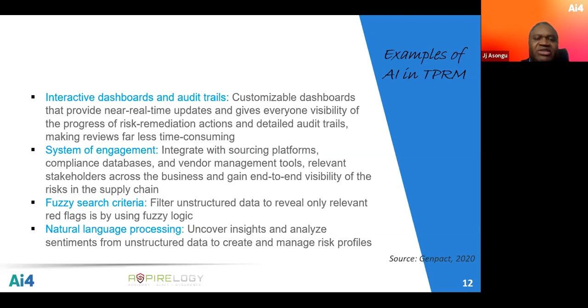Also, AI can help improve the third-party risk management function through the use of fuzzy search criteria, by which you filter unstructured data to reveal only relevant red flags. Finally, natural language processing is also an important activity when we are talking about using AI in third-party risk management.